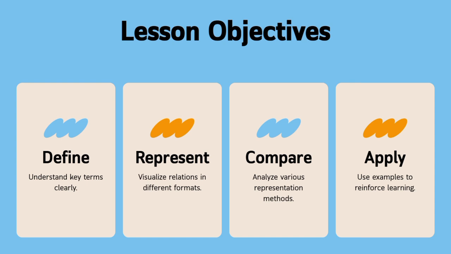The third one is compare these methods to see their strengths and weaknesses. The last one is apply your knowledge by creating your own sets and relations. So this lesson is not just about memorizing definitions, it's about seeing, organizing, and analyzing relations in multiple formats.